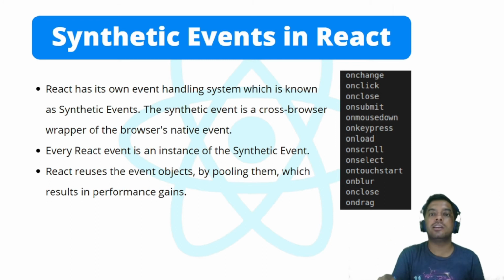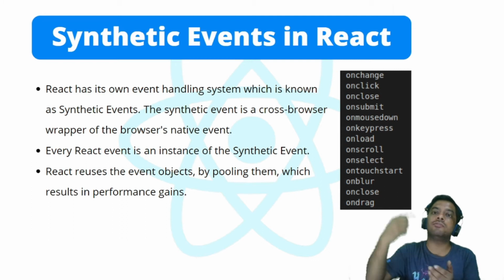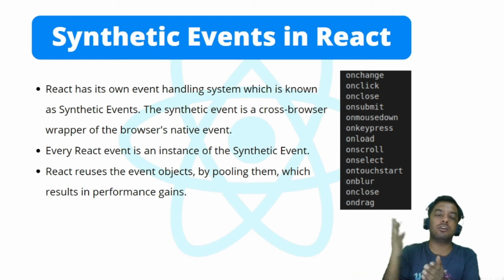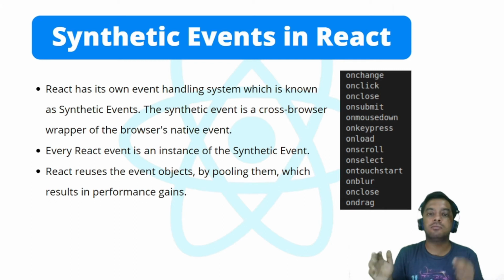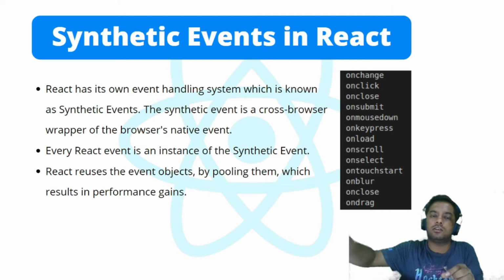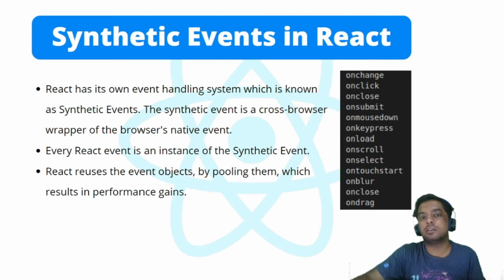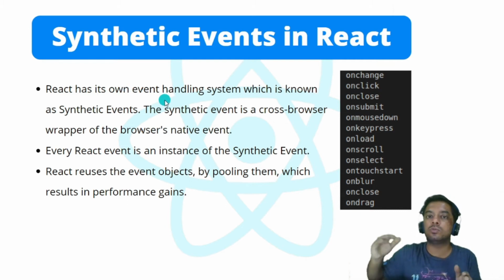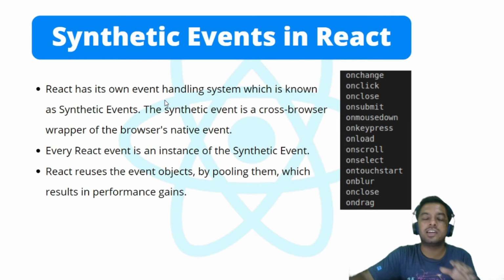Now, this onClick can't directly handle events, but what it does is map to event A on Chrome browser, and if you are on Mozilla, then it maps to event B. Now, we don't have to worry about event A or event B. We can simply handle the onClick event and it will handle A and B simultaneously. So this reduces our code a lot. We don't have to work with cross-browser features. We can directly handle the synthetic events in React, and those synthetic events will map to the native events.